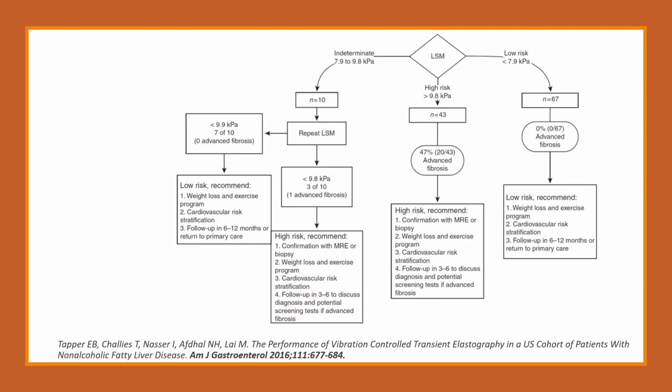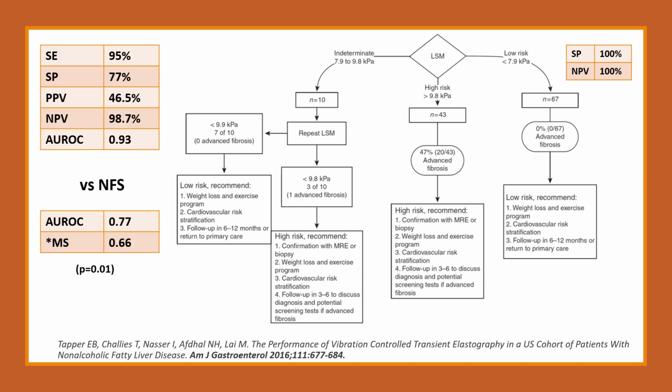In a study of 120 biopsy-proven MASLD patients, a liver stiffness less than 8 essentially excluded the presence of advanced fibrosis, and the overall performance of Fibroscan was excellent and significantly superior to NAFLD fibrosis score.